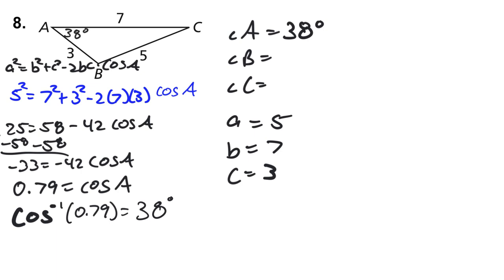Now the thing with that 38 degrees is that I have an angle and its opposite. So now I can switch to law of sines to figure out one more of these. I'm going to find angle C now.